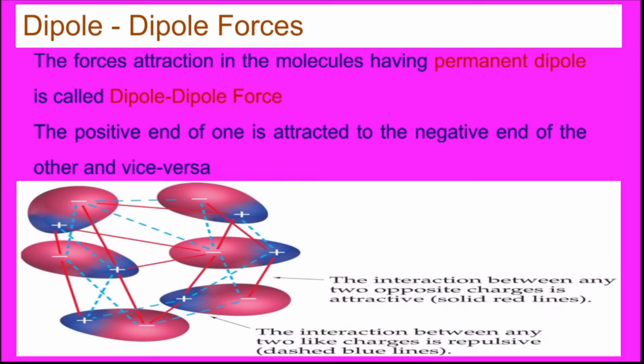So children, in dipole forces there will be a permanent dipole moment, meaning the molecules are already polarized. The interaction between any two opposite charges is attractive, and the interaction between any two like charges leads to repulsive forces, as you can see in the figure.